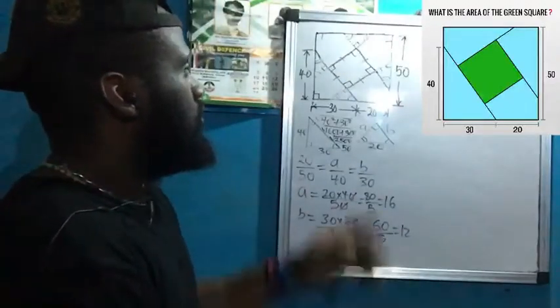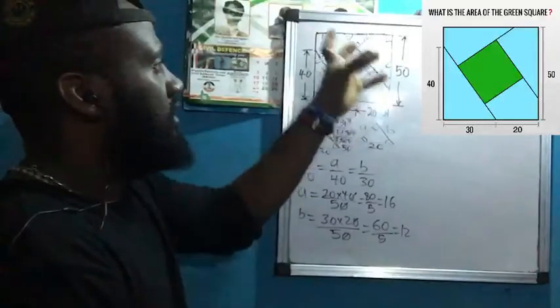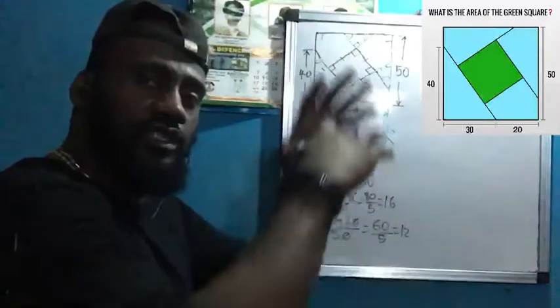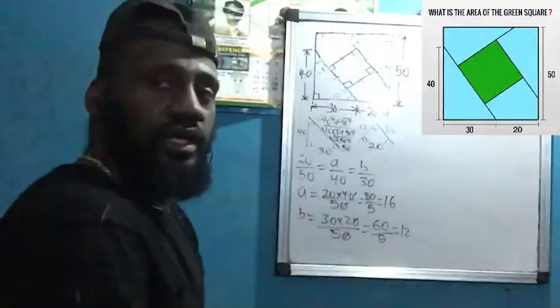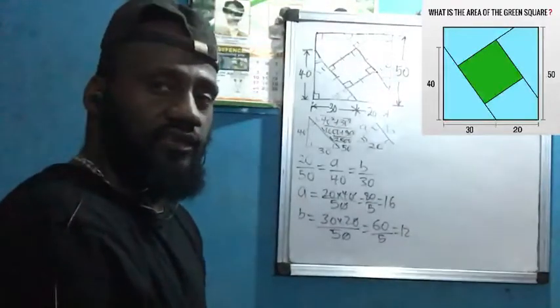So we would have to figure out a way of finding the area of the cyan regions, then subtract them from the area of the whole big square, to give us the area of this green square left.